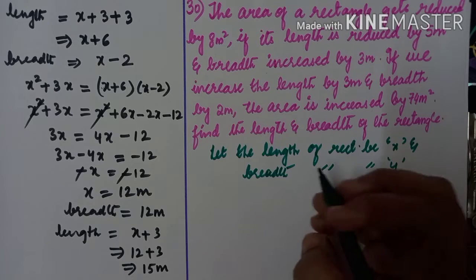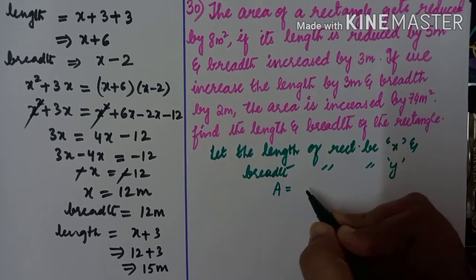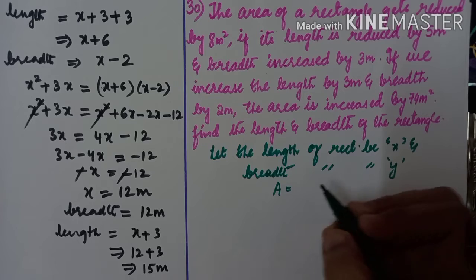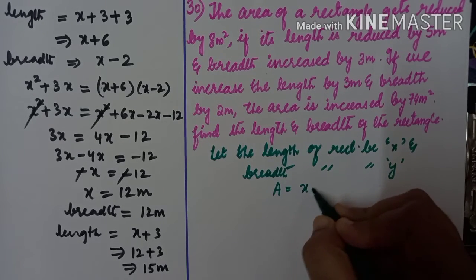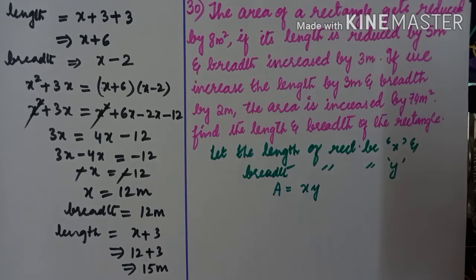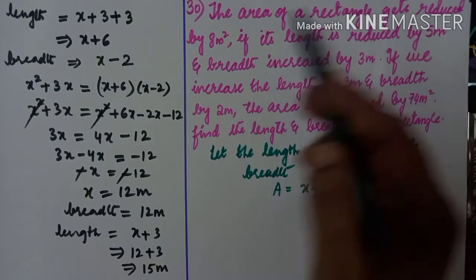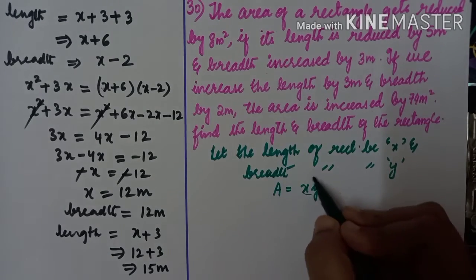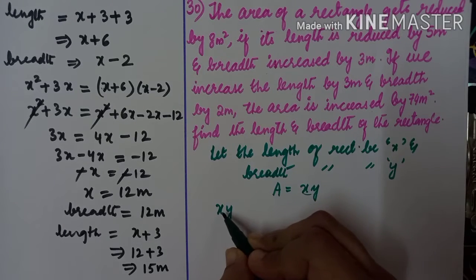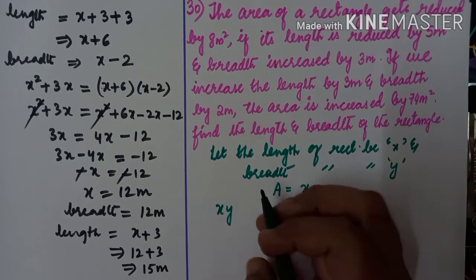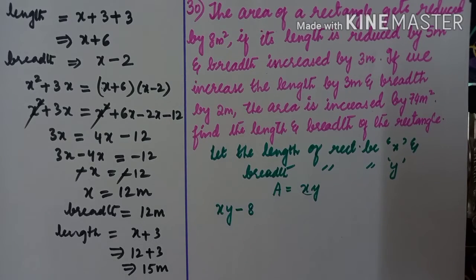Now you know very well area of rectangle is nothing but L into B. So L into B is nothing but length we are assuming as x, breadth we are assuming as y, so that's nothing but xy. Now what is given, area gets reduced by 8 meter square. Area you got xy, so this area xy is reduced by 8 meter square, so that means minus 8.